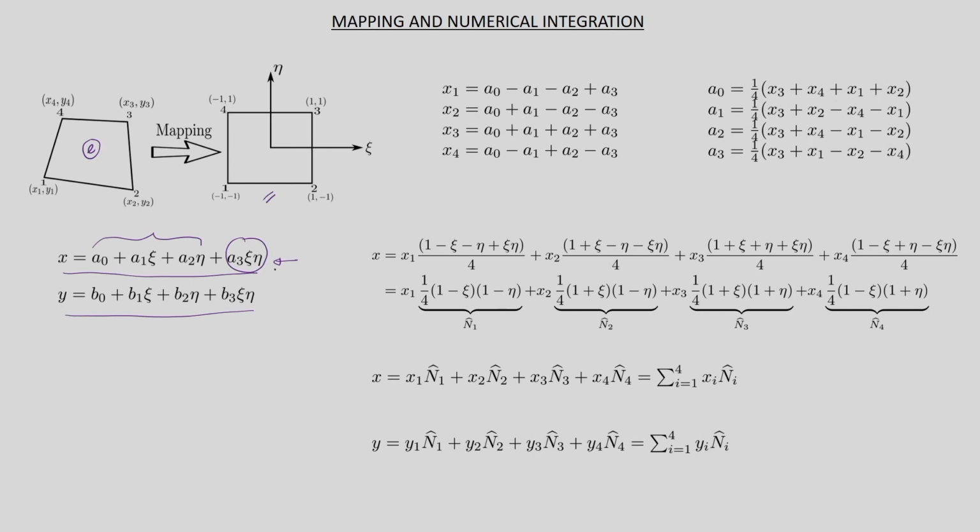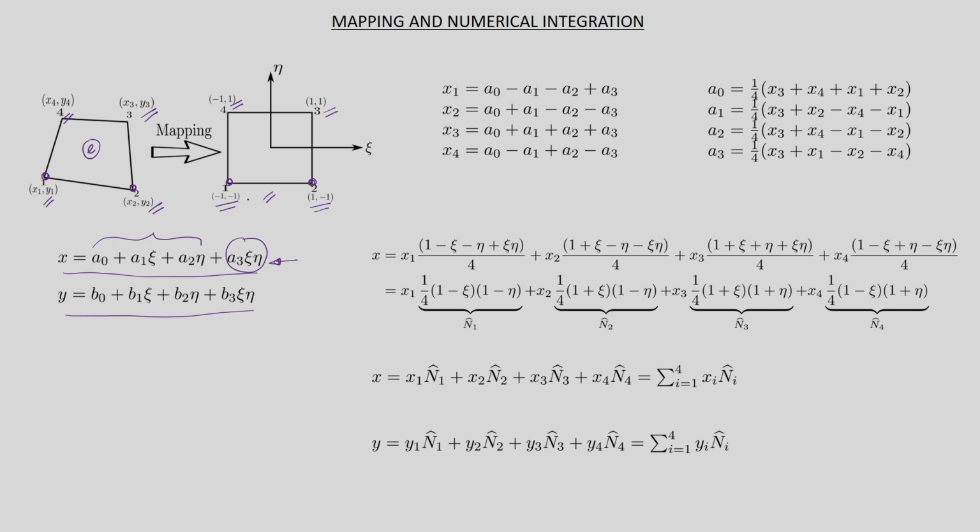Now, once we have decided the relation between x and xi eta, we are going to plug these values of xi's and etas to get the corresponding value of the coordinates in the master element. So, this map basically shows that this node in the master element corresponds to this node in the physical element. Similarly, node 2 in the master element corresponds to the local node 2 of the physical element E, and so on.